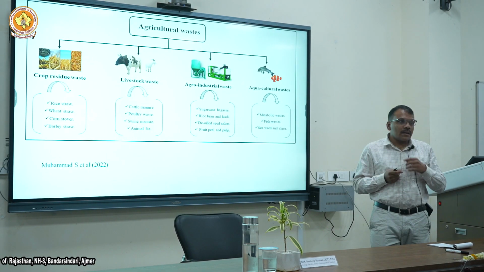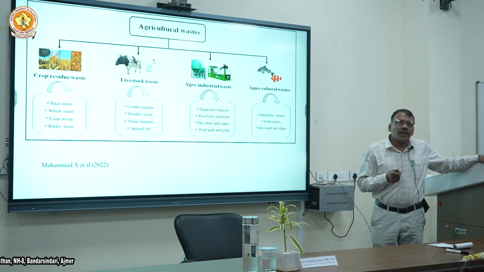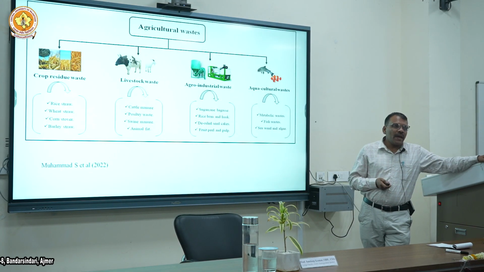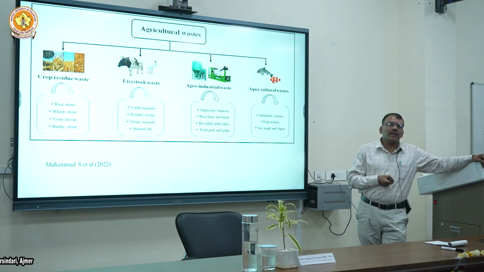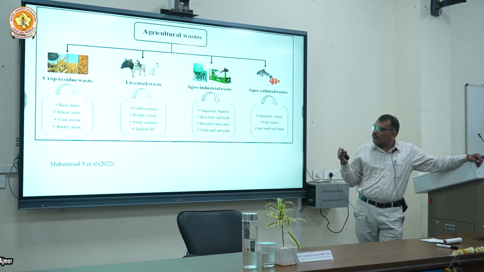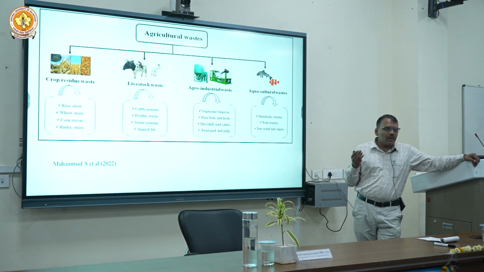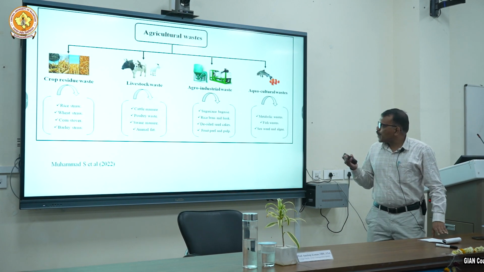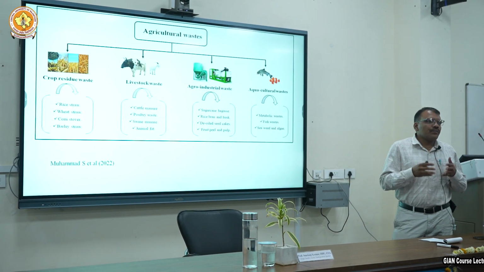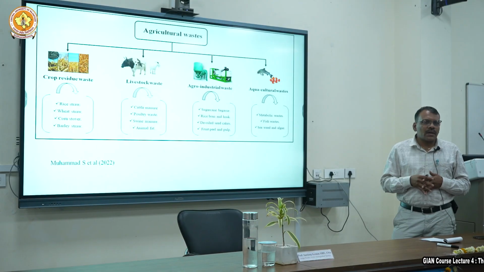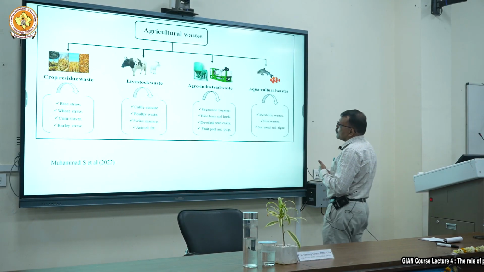Oil seed cakes, like if you look at the traditional mechanism, most Indian people used to produce edible oil on their own, and this oil seed used to produce cakes as residue.